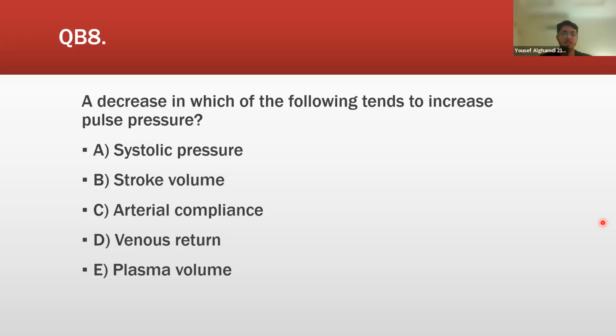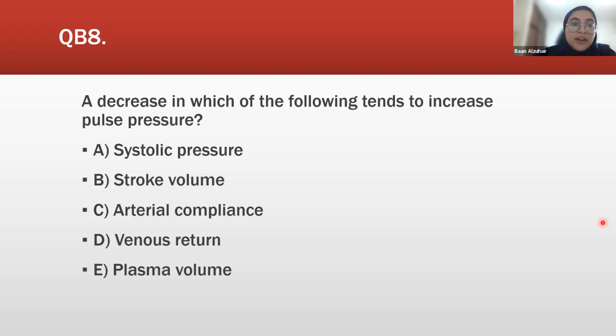No, wait, a decrease in compliance, so it's less compliant. An increase in compliance means vasodilation. A decrease in compliance means it's more stiff, less compliant to the blood flow. So Saad is right. It's arterial compliance.